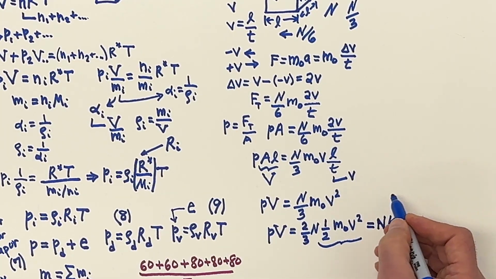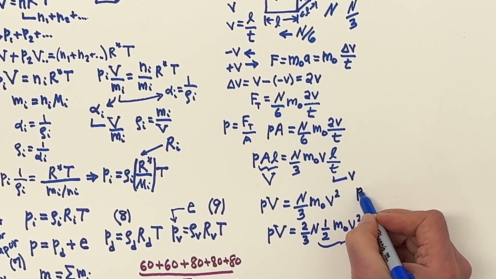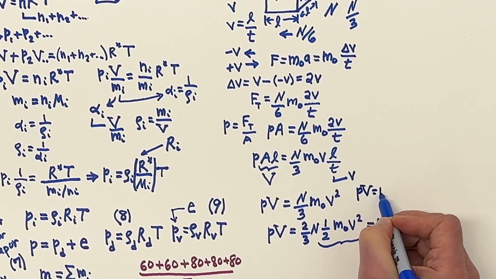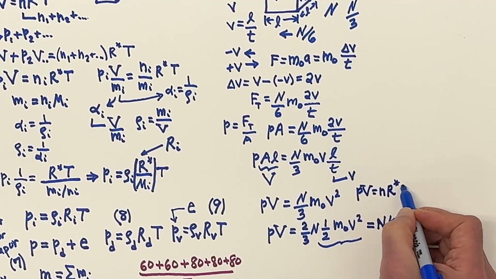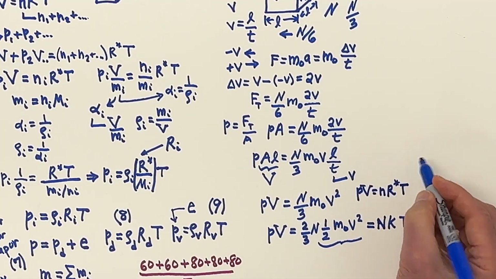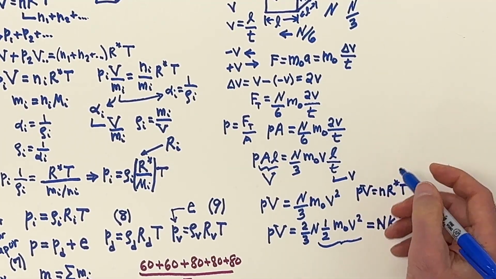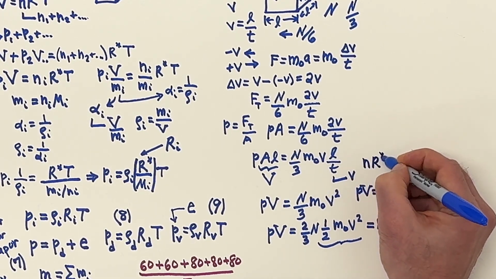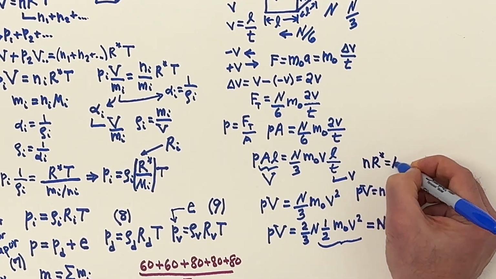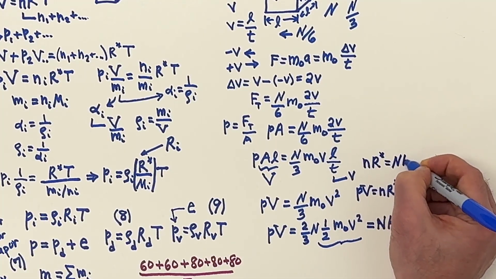Wow. Now also PV, you can think of it in terms of moles, and then the ideal gas constant from chemistry times T. And in our course, from time to time, we remind everyone that N R star, where N is the number of moles, is equal to the number of particles times the Boltzmann constant.